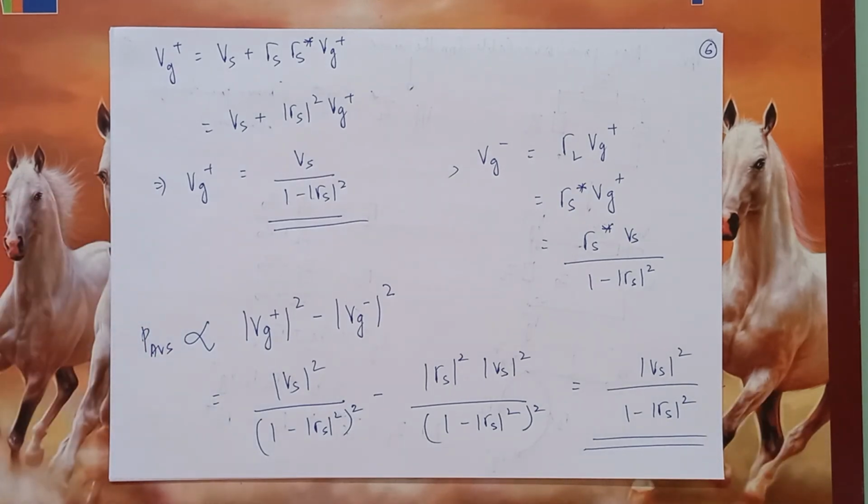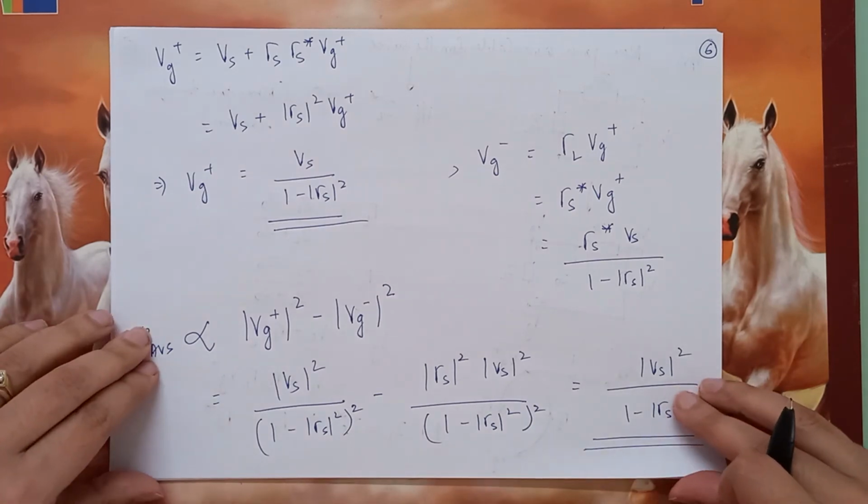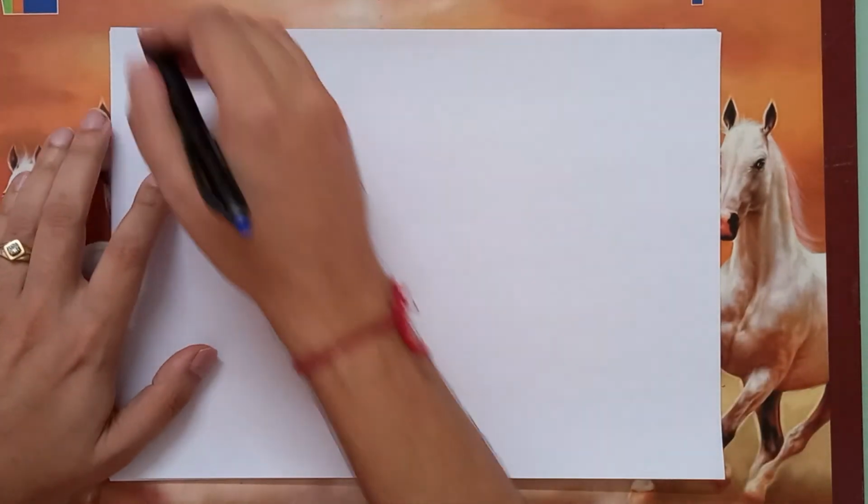With this, you can now go over and define what is GT, or the transducer gain.